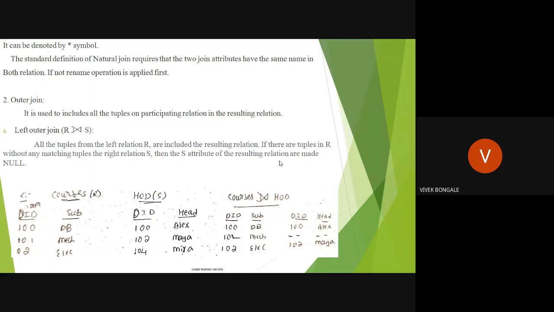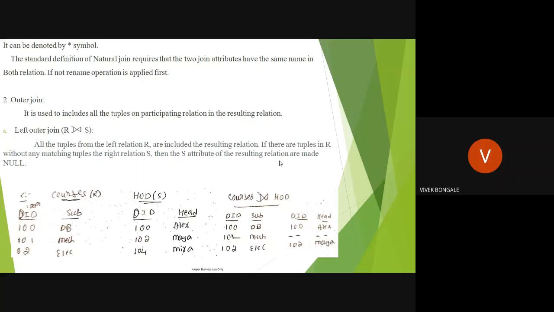Today we're going to discuss outer join. Outer join is used to include all the tuples of the participating relations in the resulting relation. Here we join the two tables based on the attribute name, not on the attribute values.